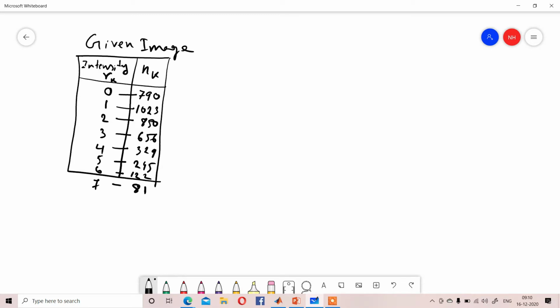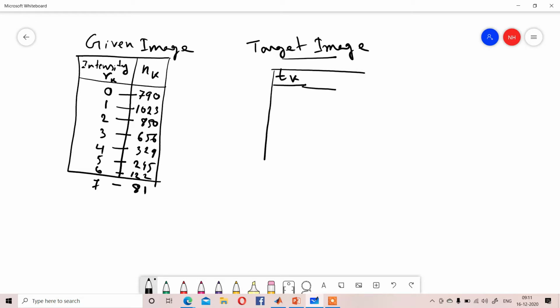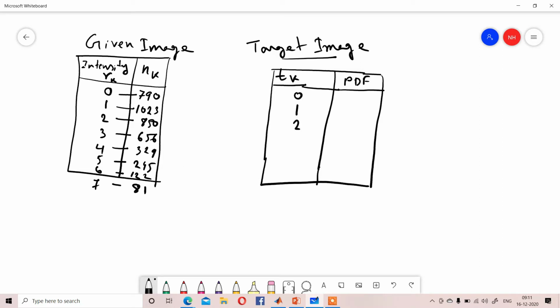And another image is given, called the target image. For that target image, tk is the intensity level, and the intensity level and PDF are given. PDF is the probability distribution function. As I told you in the last class, 0, 1, 2, 3, 4, 5, 6, 7.